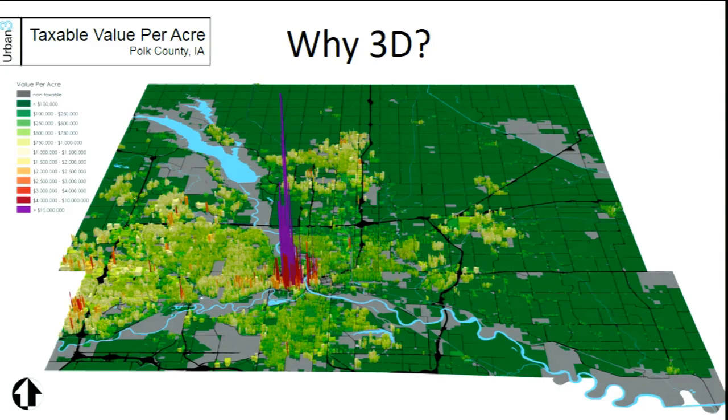But in 3D, you can tell the difference between a short purple and a tall purple. The other thing that it addresses is something I feel a little guilty about, which is that I've been told that a diverging red-green color scale is not exactly ideal for people who are red-green color deficient. And so at the very least, if you can't really distinguish red and green, you can see what's tall and what's not tall.